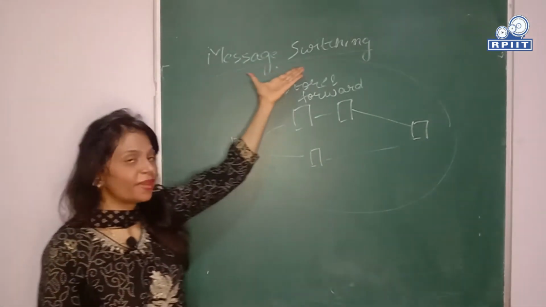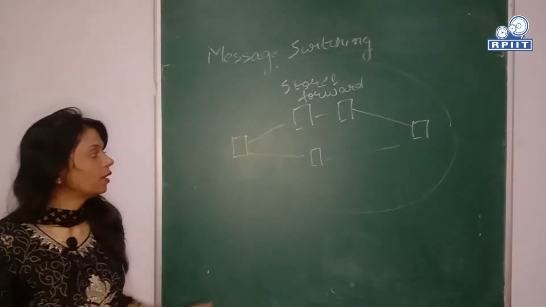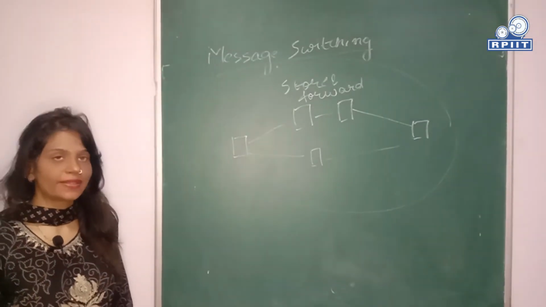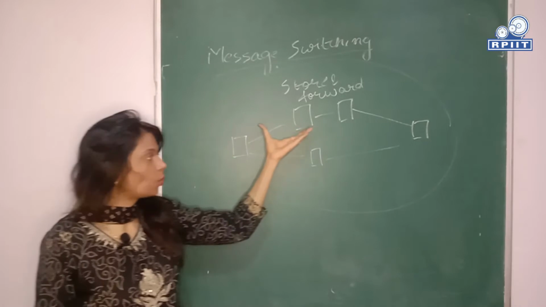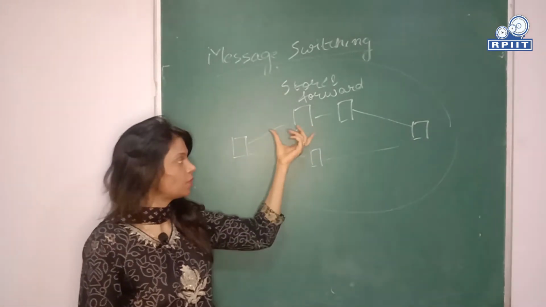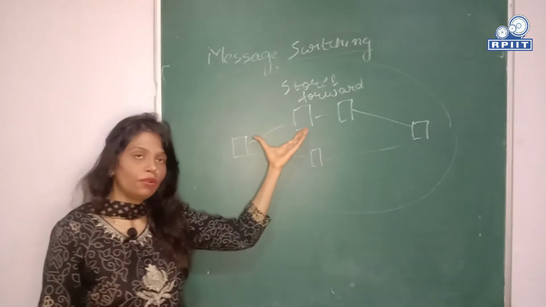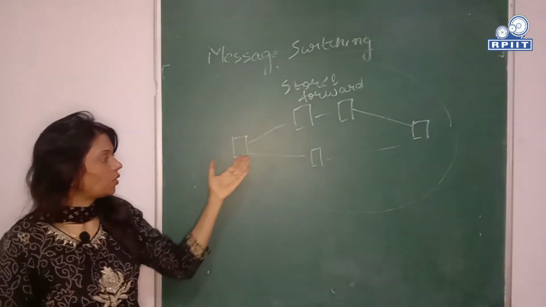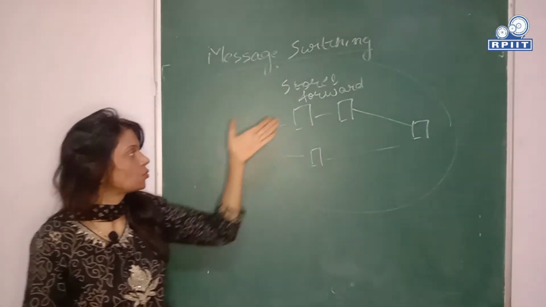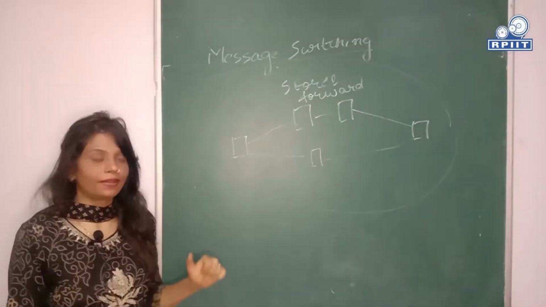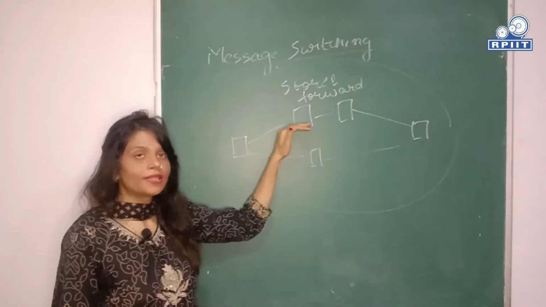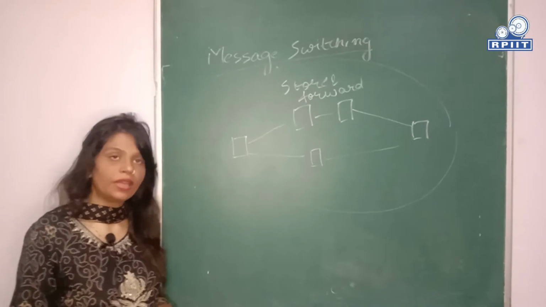Now I'm explaining message switching. Under this technique, whenever some node has data to transmit, all the data related to that node is first stored in a switching office, the first switching office related to that node. Once all the data is collected, it is forwarded later, and all that data is first inspected for errors.